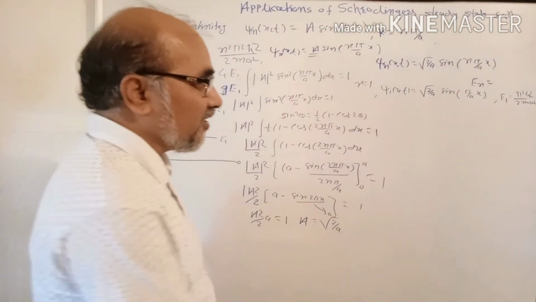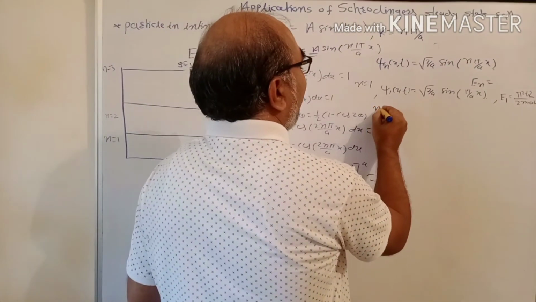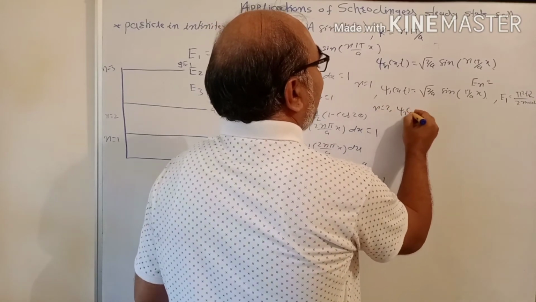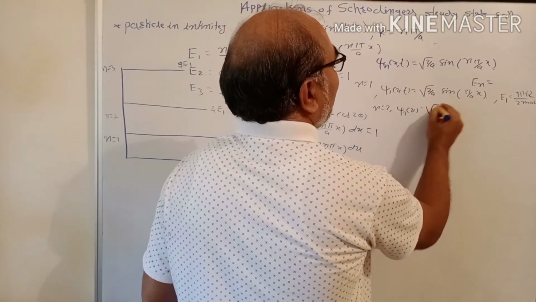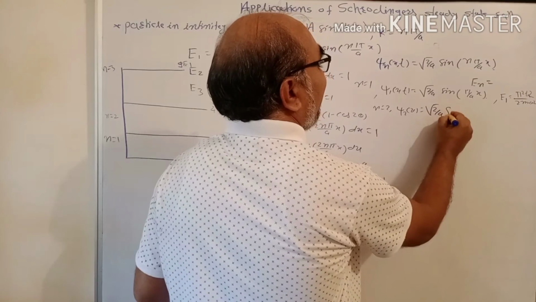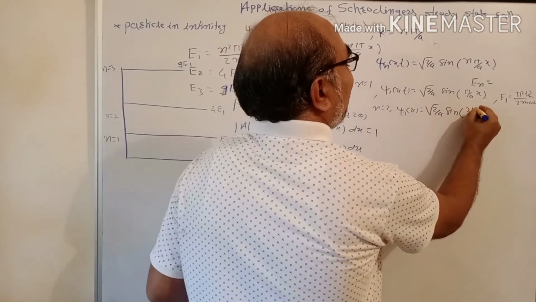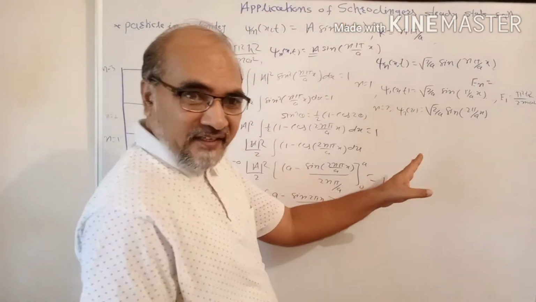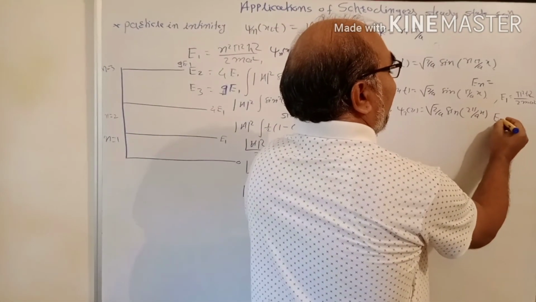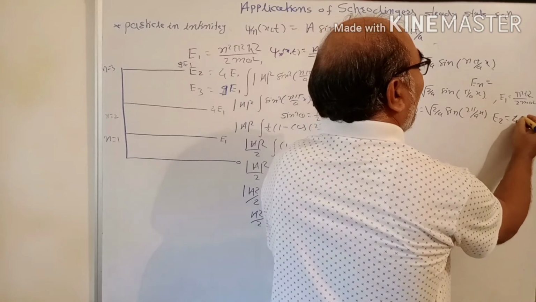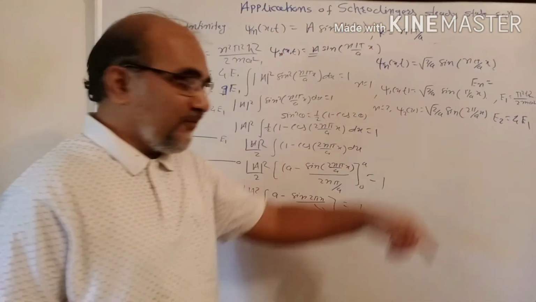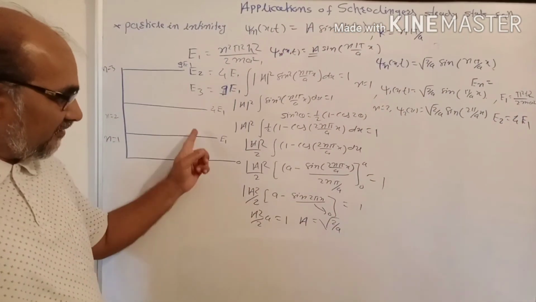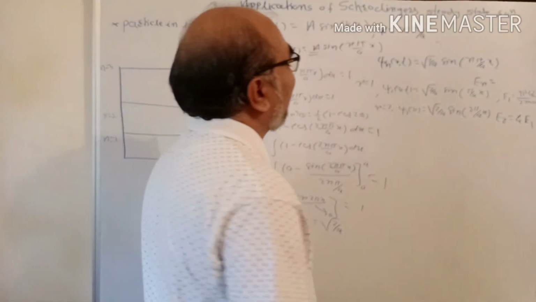Corresponding energy, put n equal to 2. Psi 2 of x is equal to root 2 by a sin 2 pi by a x, and the corresponding energy E2 is equal to 4E1. Like this, E2 is equal to 4E1.